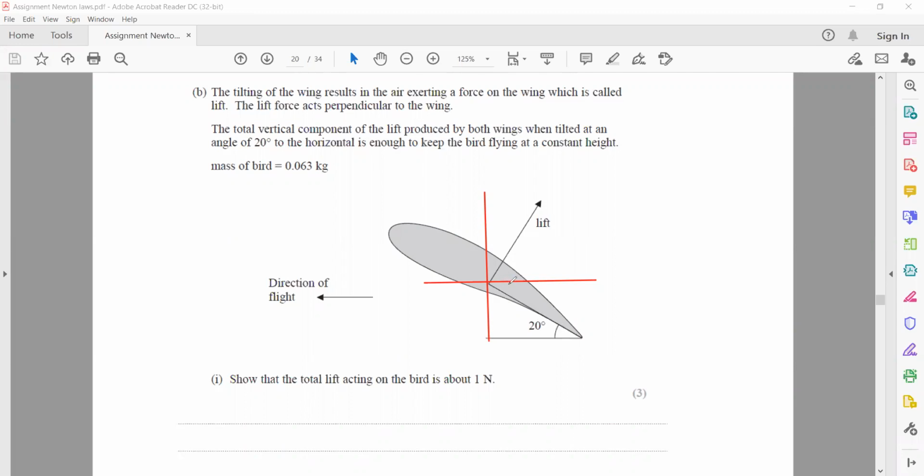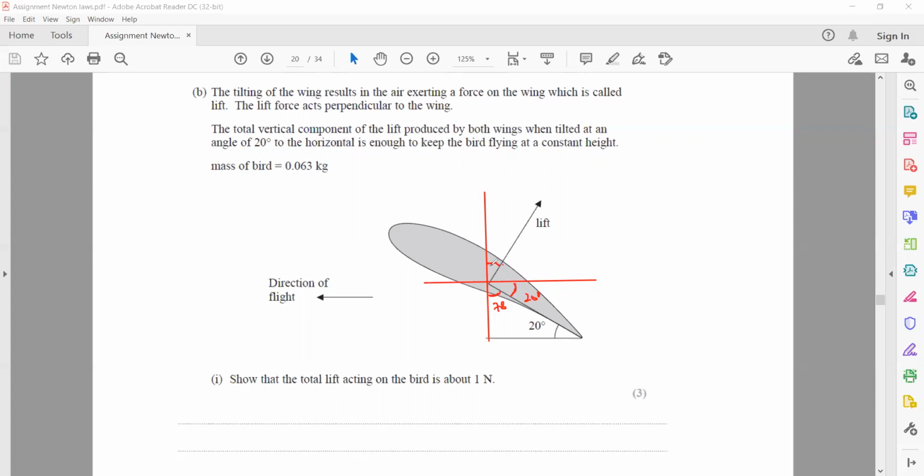So if this angle is 20, this angle will also be 20. And here, because the total sum should be 90 degrees, this triangle has 20 and the remaining one is 70.